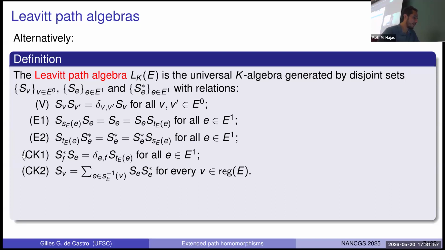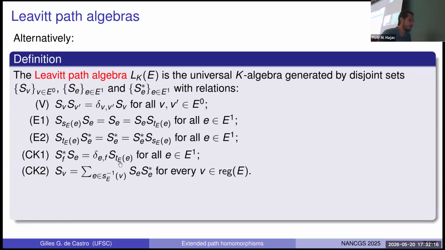And then this CK1 is just saying, if you look at it in terms of partial isometries, that the final projections are orthogonal, and if they're the same, so f is equal to e, then it's just the source of e.